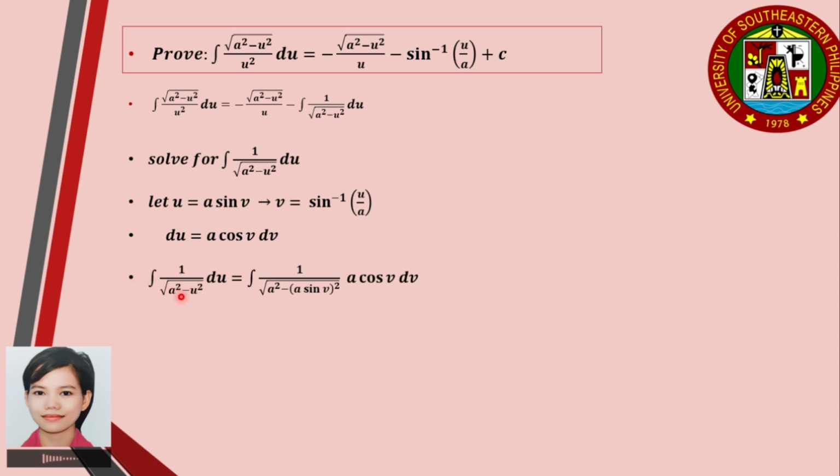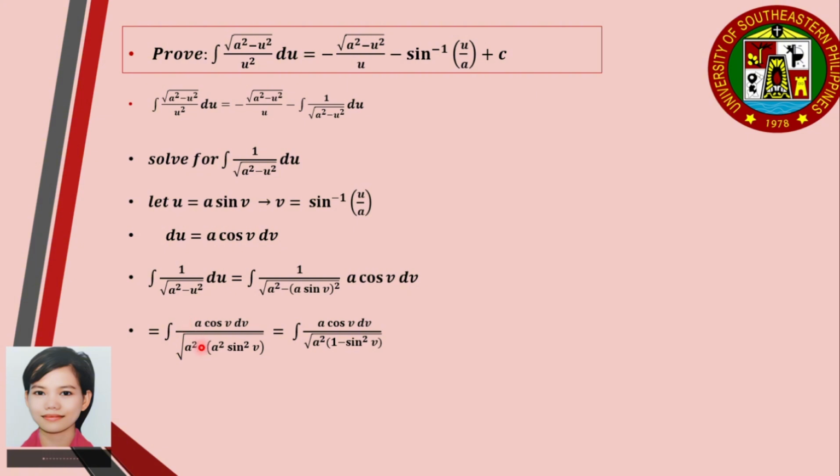So, the integral of 1 all over the square root of a squared minus u squared du is equal to the integral of 1 all over the square root of a squared minus, we substituted the u right here from the thing that we let, so it is a sine v squared, and the du equals a cos v dv. So, we simplify this one. This is very easy.